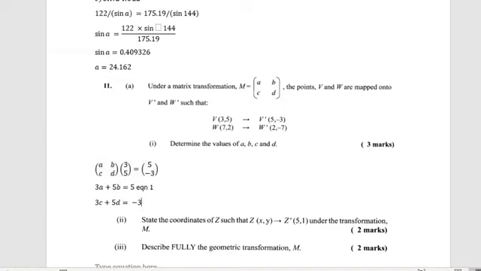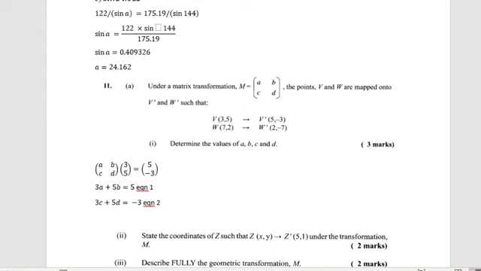This is equation 2. And it is a similar concept for those coordinates 4D, which is 7 and 2. So what we'll basically have is 7A. So if you're replacing the 3 and 5 with 7 and 2 on the left hand side and 2 and negative 7 on the right hand side, what you'll get is 7A plus 2B is equal to 2, and that is equation 3.